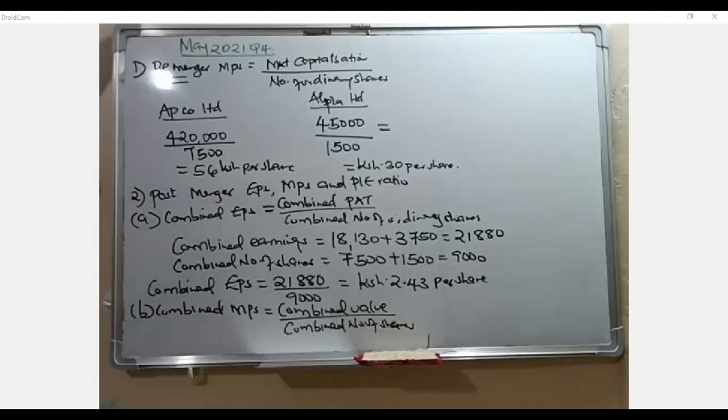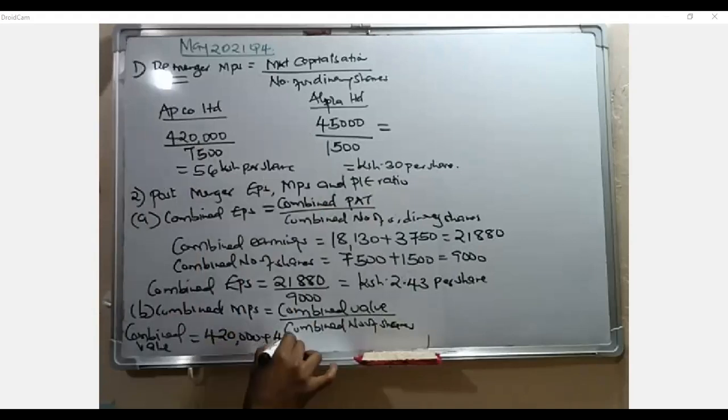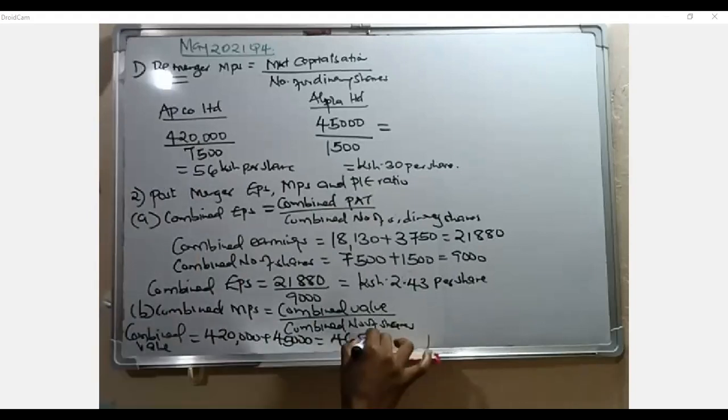So let us look at the combined value as per the question given by the examiner. To get our combined value, I just need to take the market capitalization for APCO, which is 420,000, plus Alpha Limited, which is 45,000. So 420 plus 45 gives 465,000.